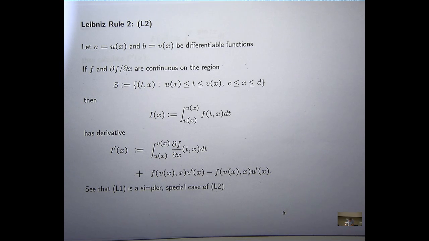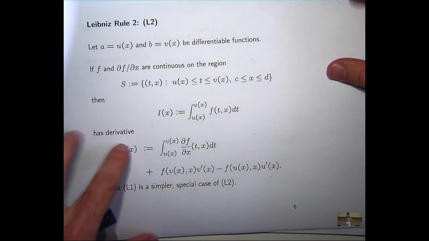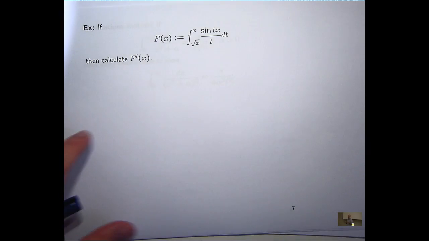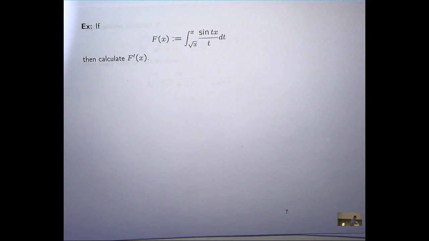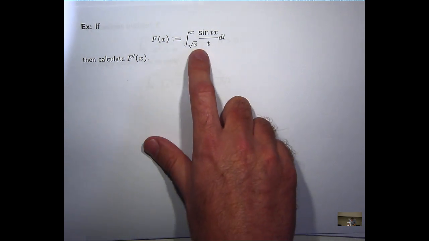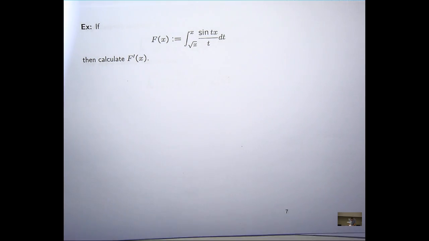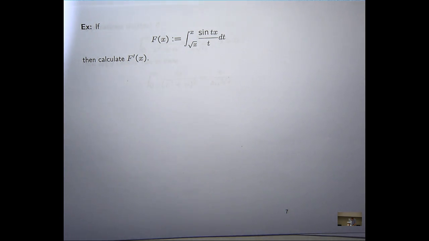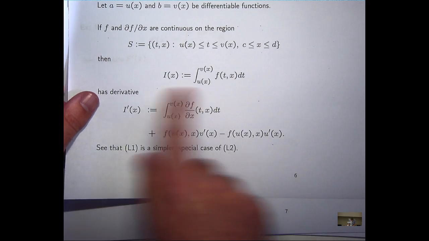How can we use this then? Well, here's an example. If a function of x is defined through this integral, calculate the derivative of that function. So it's a standard application of this.